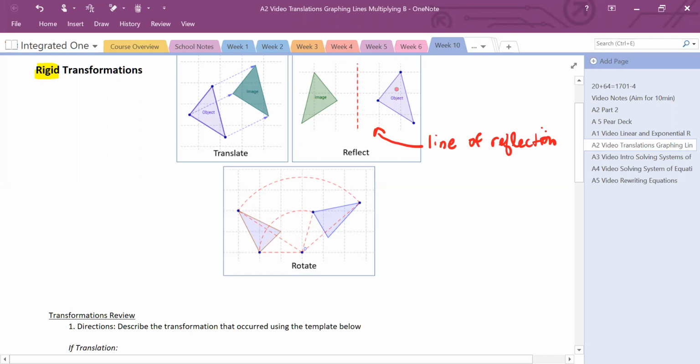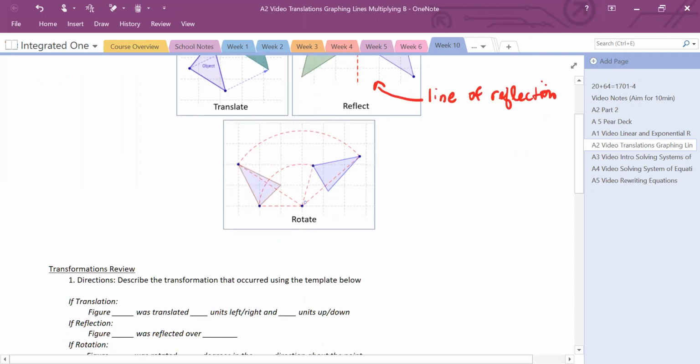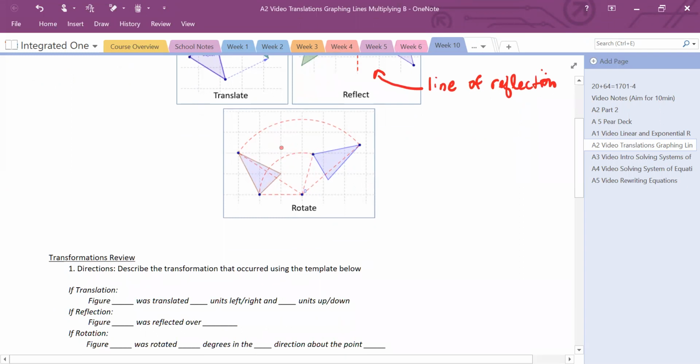So again, this shape is reflected over, and the vertices or points along the shape will be the same distance or same measure from that line of reflection. And then we have rotation, where we're rotating a shape a certain number of degrees about a specific point.